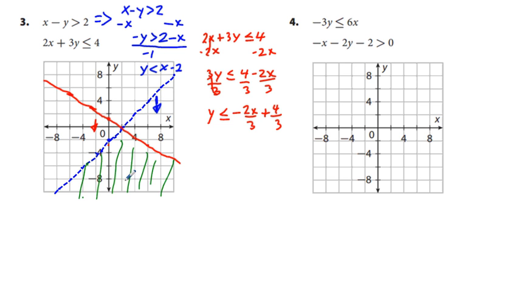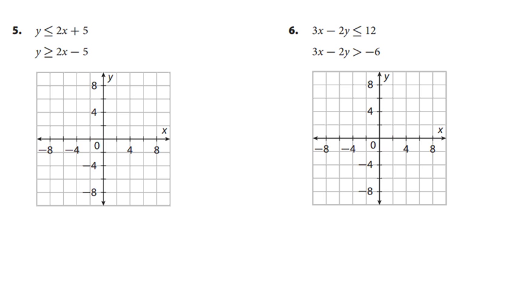So we'll put this point here, which is 2 comma -8, and then also this point right here, which looks like 6 comma -4. Those are 2 points within our solution set.